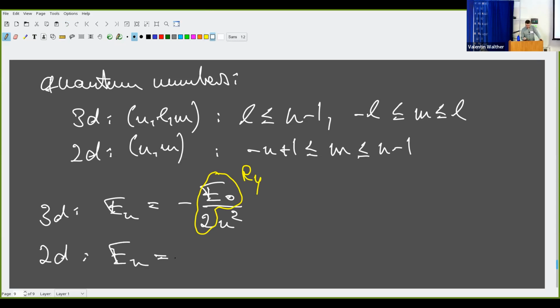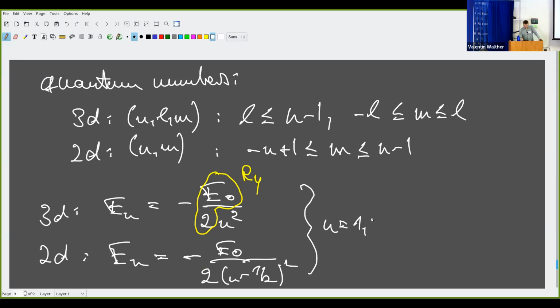And in 2D, this formula is almost the same, except that it's E0 divided by 2 times n minus 1/2 squared. Because in both of these cases, n starts at 1 and then continues over the integer numbers, we already see that the ground state energy of 2D hydrogen is actually 4 times larger than it is in 3D hydrogen.